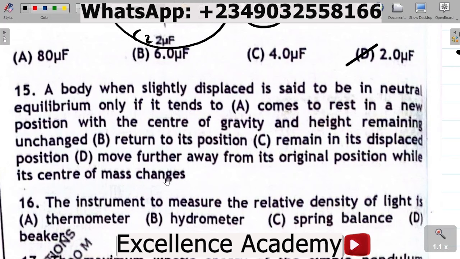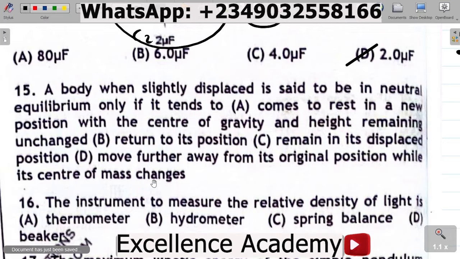Now, for question number 15, you want to note that if a body is slightly displaced, for neutral equilibrium, it tends to come to rest in a new position. For such a body to return to its original position, it is in stable equilibrium, and for it to remain in its displaced position, it means no displacement has occurred.